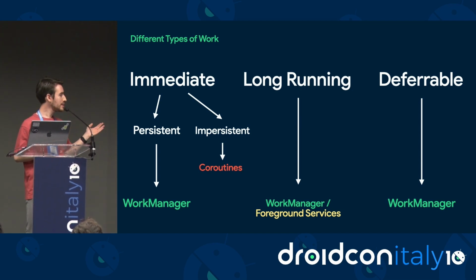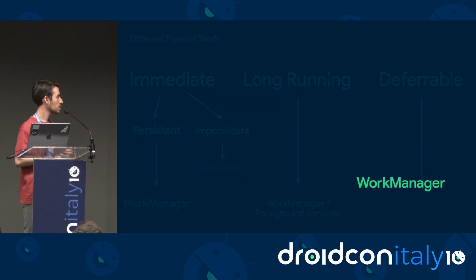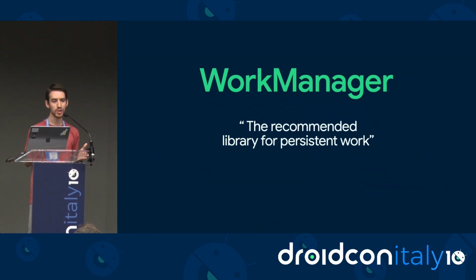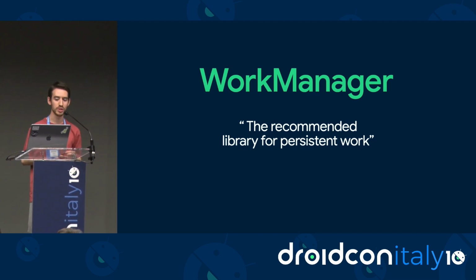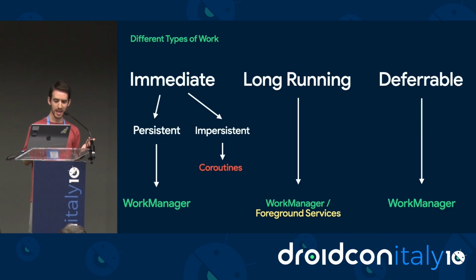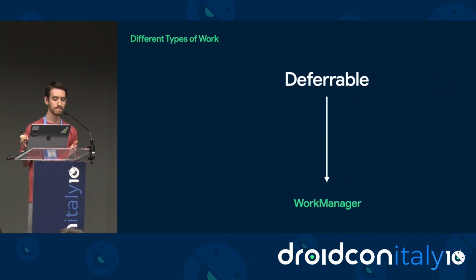A constant in this, as I said, is WorkManager. The official definition of WorkManager from Google Docs is the recommended library to perform persistent work. So let's examine all of those categories one by one.